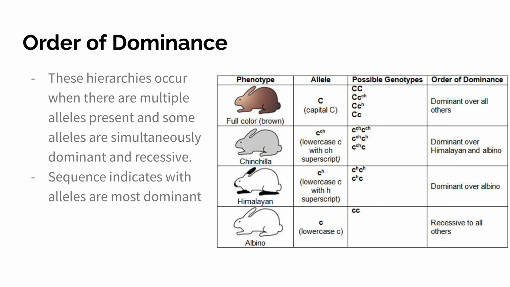The Himalayan, which is white with some black spots on the ears, nose, and legs, is recessive to brown and chinchilla, but dominant to albino, and then the albino type is recessive to everything else. So you have lots of possible genotypes that can produce one phenotype because you have lots of different ways of recombining alleles. And you just have to pay attention to what's dominant to what else.